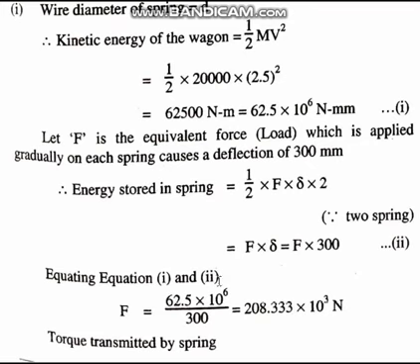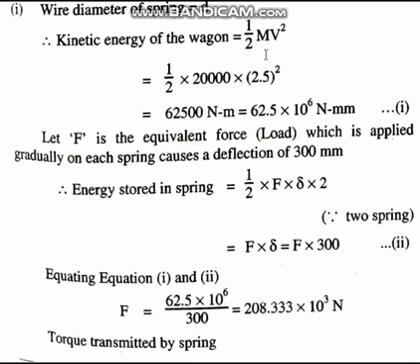This F into 300 is equated to 62.5 into 10 to the power 6 Newton millimeters. Okay. Then F you will get this value. So this is the force coming upon each spring.